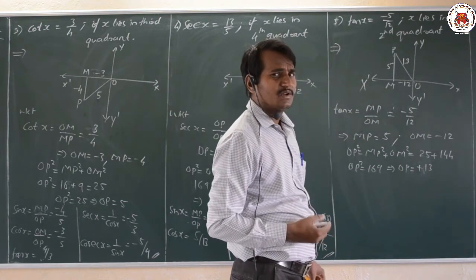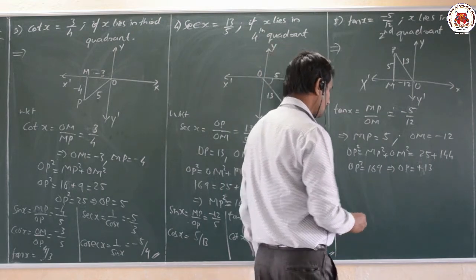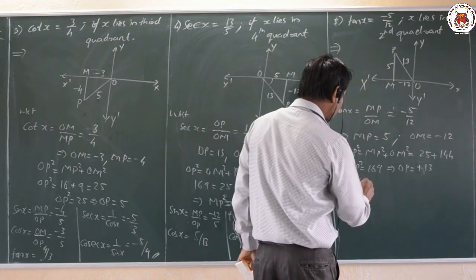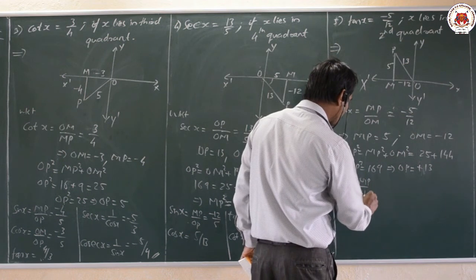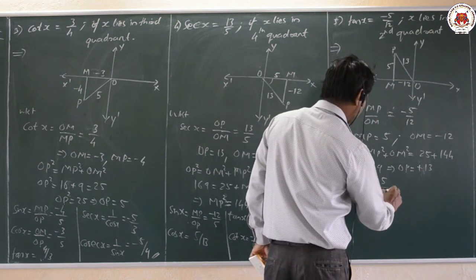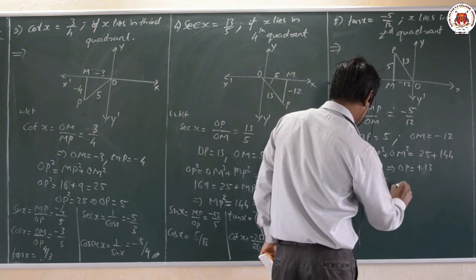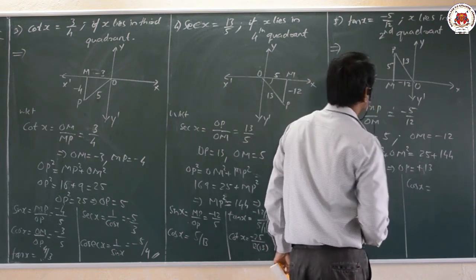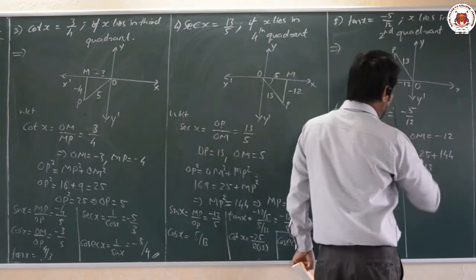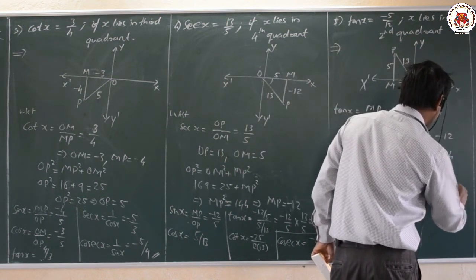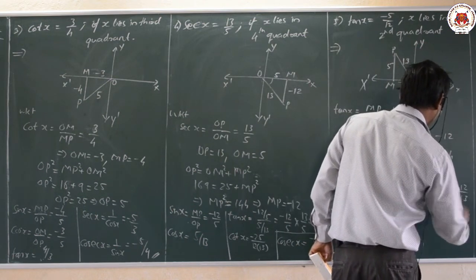Now similarly you can find out all the remaining values. Sin x is MP divided by OP, that is 5 divided by 13. Then cos x is adjacent by hypotenuse, that is OM divided by OP, minus 12 by 13.